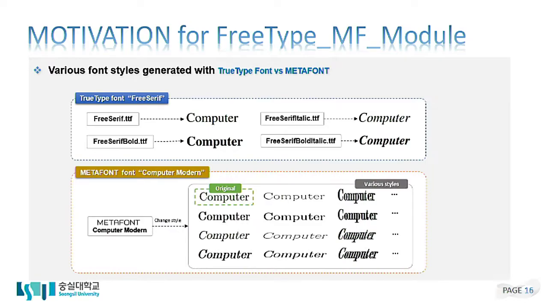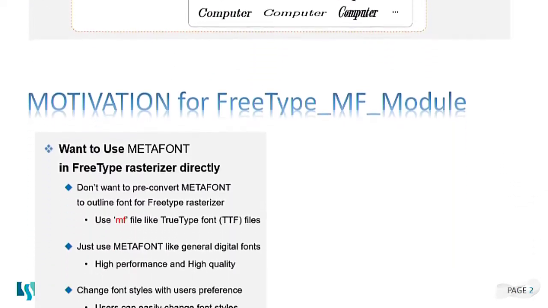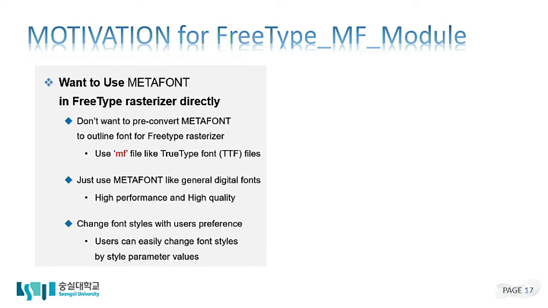But with Metafont, from the original description, by changing parameters, fonts of all different styles can be generated immediately. So we want to use Metafont in the Freetype rasterizer directly. We don't want to pre-convert Metafont to outline font for the Freetype rasterizer.